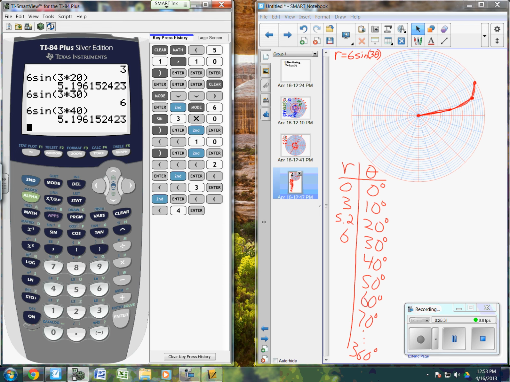If I put 40 degrees in, I get 5.2 again. Some of these numbers just start repeating. So I'm going to go to the 40-degree line and 5.2, and I'm going to connect those.